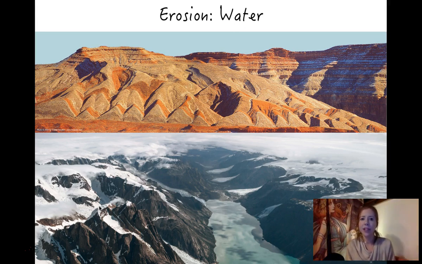Now here are some examples of water erosion. Here we have a desert on top. And actually, in many desert environments, a lot of the different landscape features that you see were carved away by floods, massive flooding. So you can actually see where the water would have traveled here.